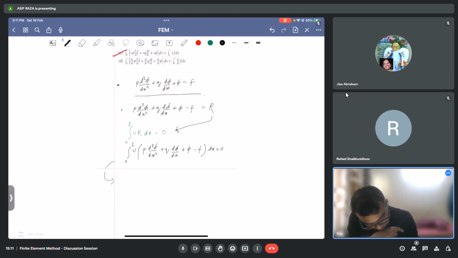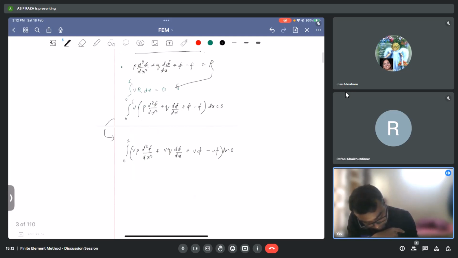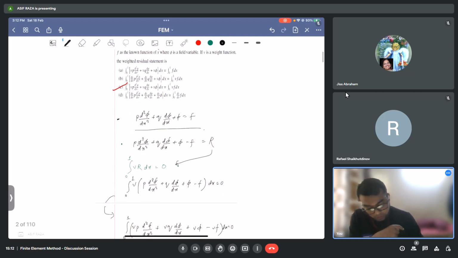This will be the integral from 0 to 1 of (vp d2 phi dx square plus vq d phi by dx plus v phi minus vf) dx equal to 0, and according to the options it is given as the integral of (q d phi by dx plus v phi) dx equal to the integral from 0 to 1 of vf dx. So the correct answer is option C.